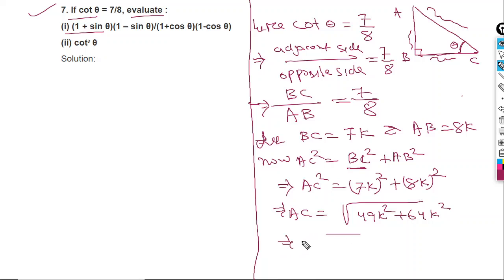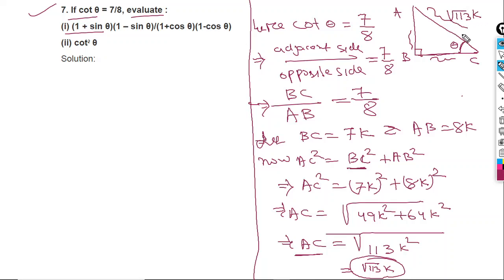Now AC is equal to root over of 49 plus 64, that will be 113, right? 113K square, which is equal to root 113K. Okay, so we find the value of AC, root 113K. You can write it here, root 113K.